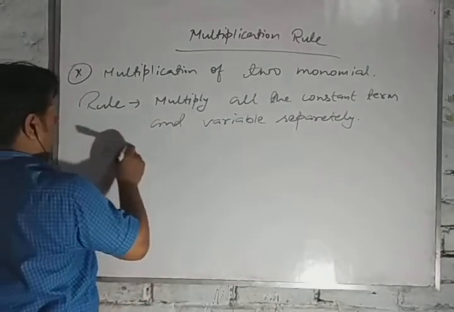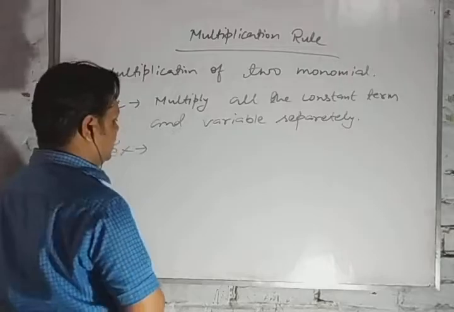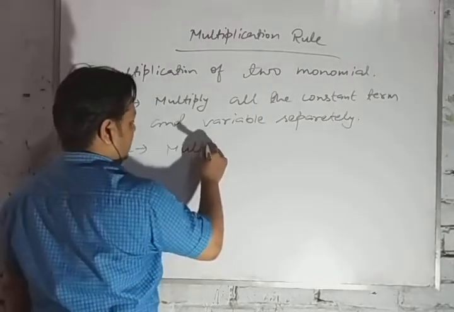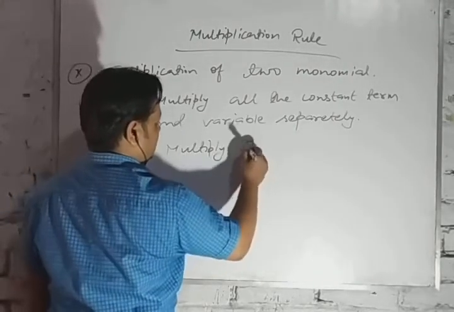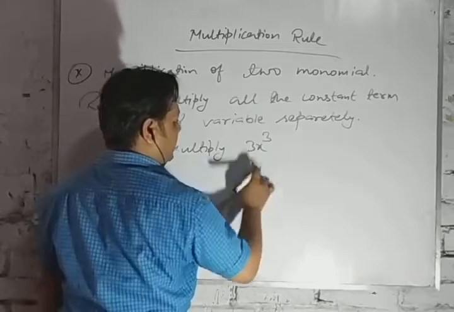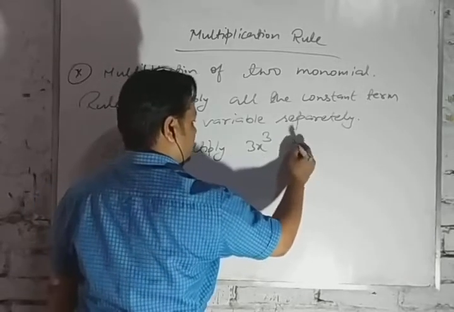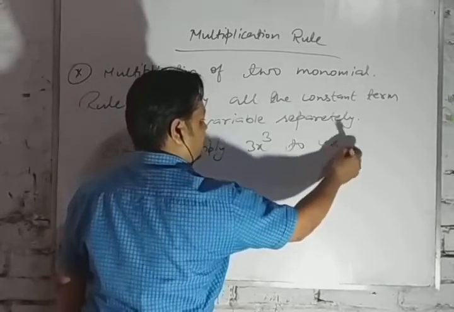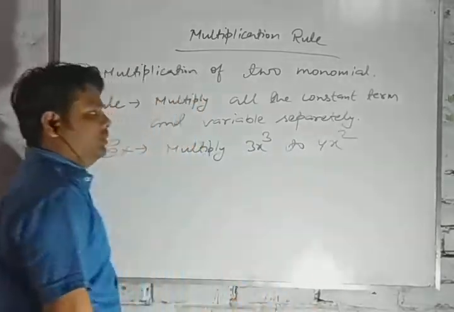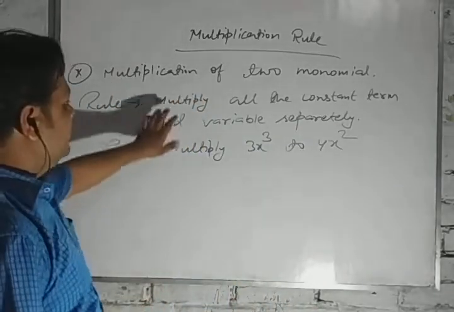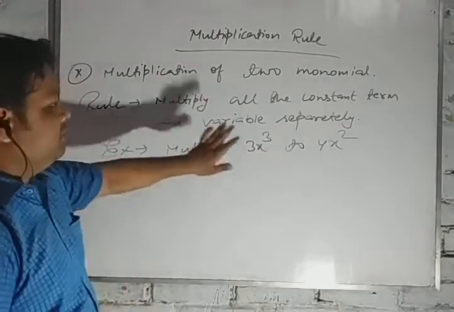If the example is, if the two monomials are that multiply 3x to the power 3 to 4x to the power 2. Now we have to multiply all the constant terms and variables separately.